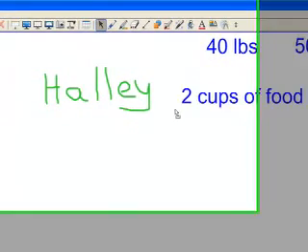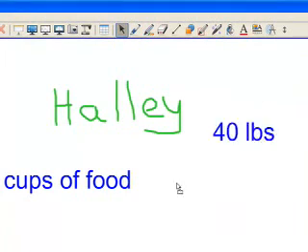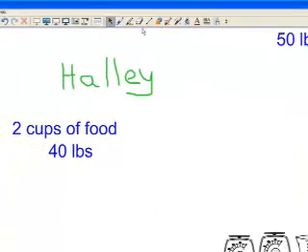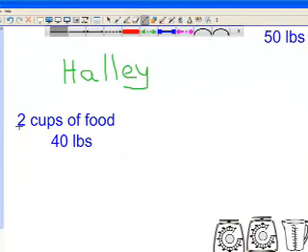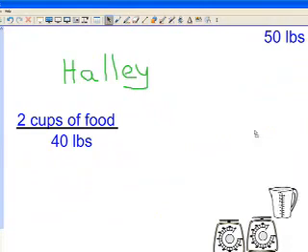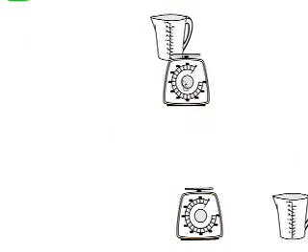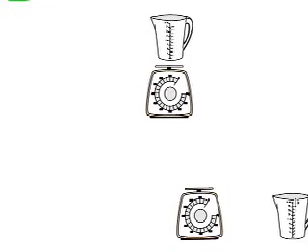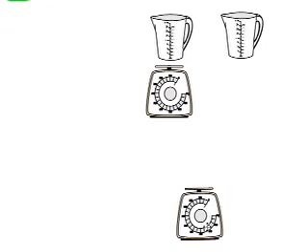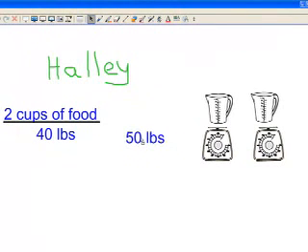What I want to do is create a ratio, 2 cups of food for every 40 pounds, because I want to keep my cups of food over my pounds. So I'm going to keep cups of food on this side over my pounds. So my pounds is going to come down here on the bottom of this side.